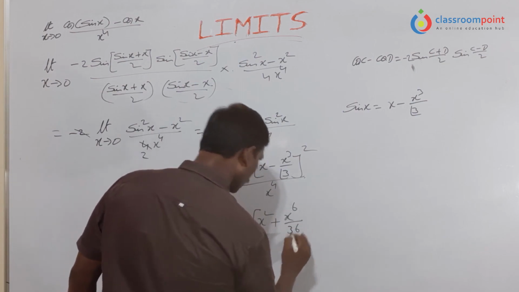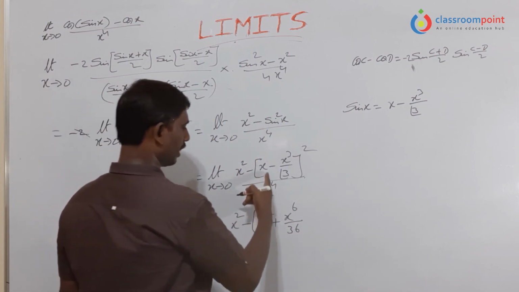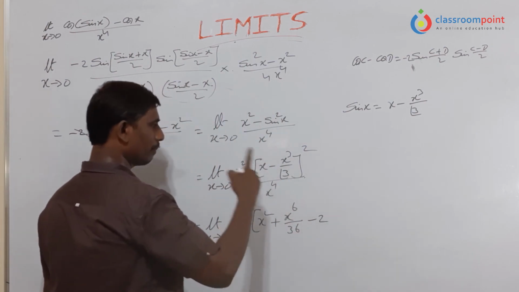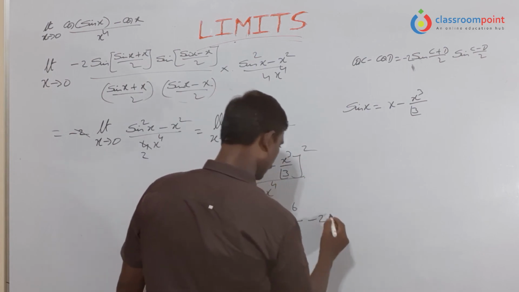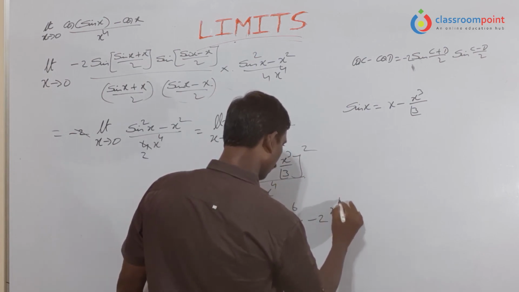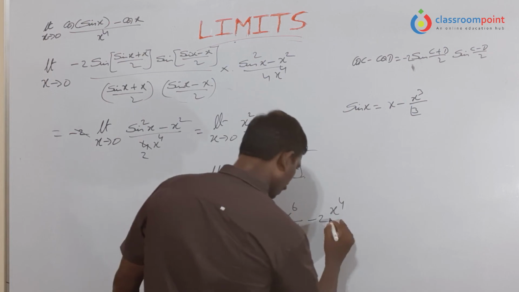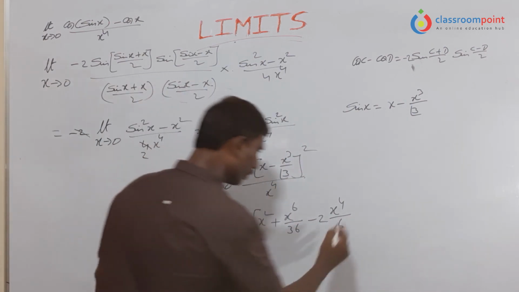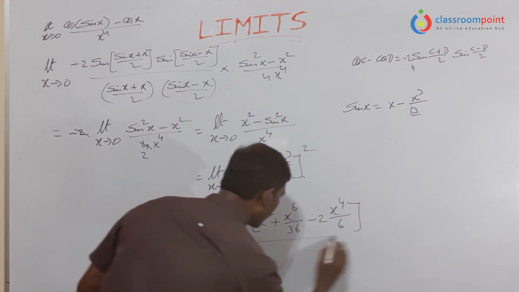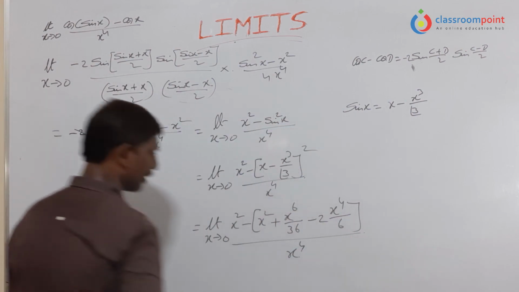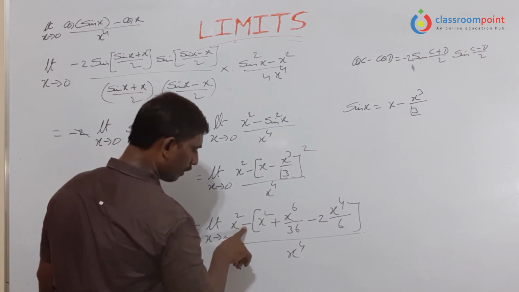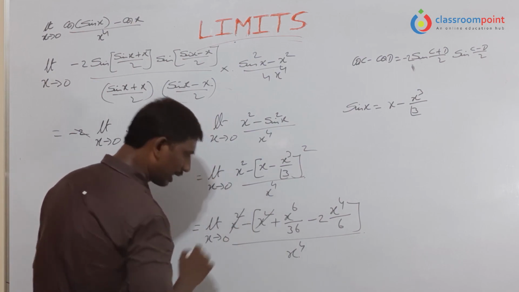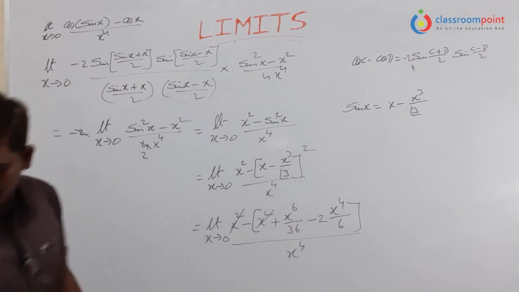Okay, a square plus b square minus 2ab, a into b, that means x power 4 into 6. Everything okay? Now the whole divided by x power 4 as it is. When the minus goes inside, these both are cancelled. Then what do we have remaining?